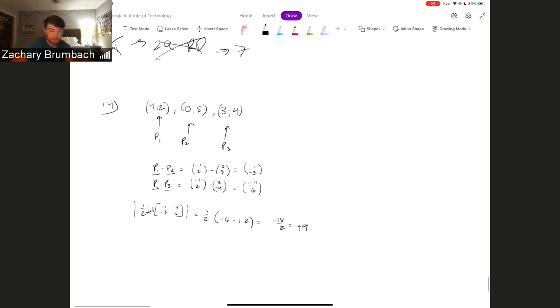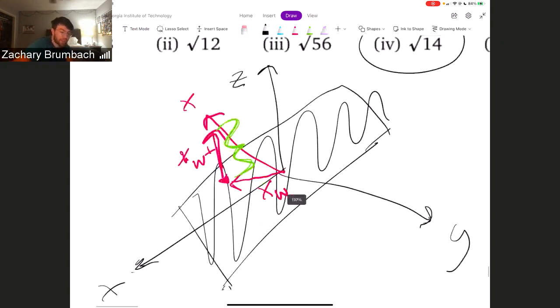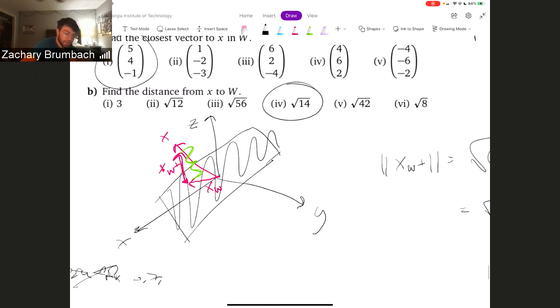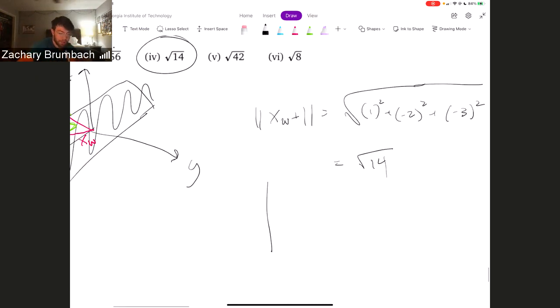Yeah, so going back to this, someone asked in the chat why we do the magnitude of x perp. So think if we're looking at this on a flat line, okay? Let's say x and y axis, and the x axis also happens to be our w, okay?